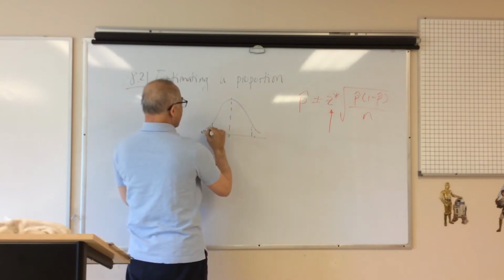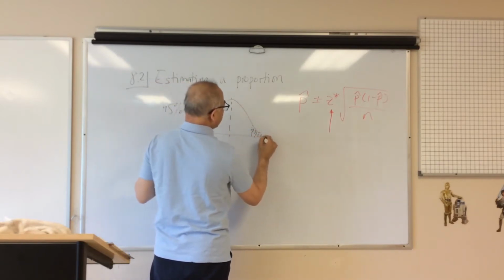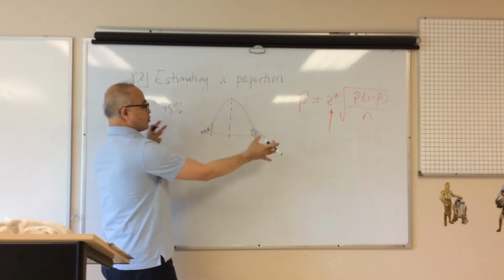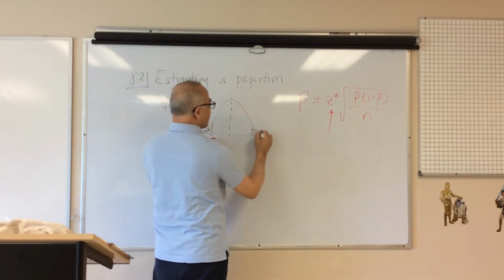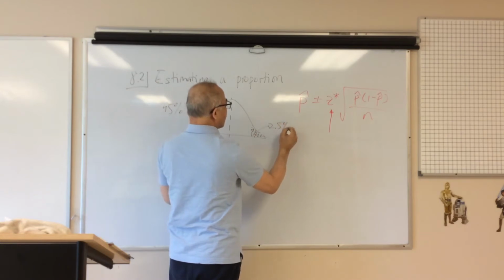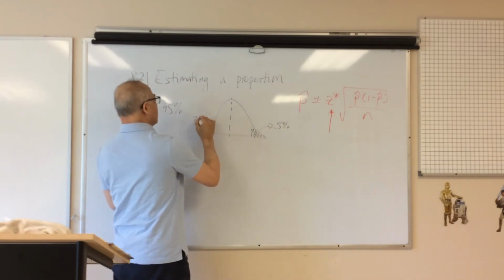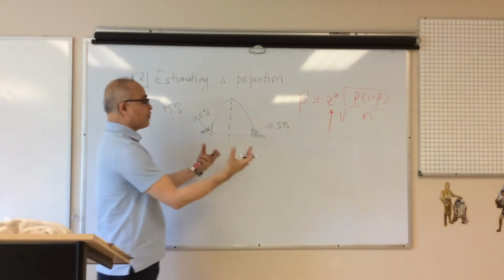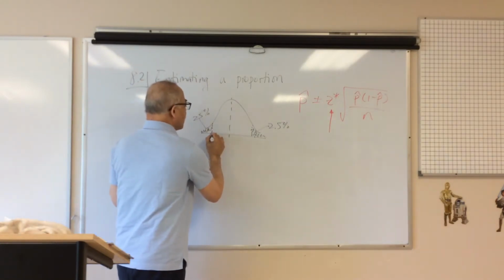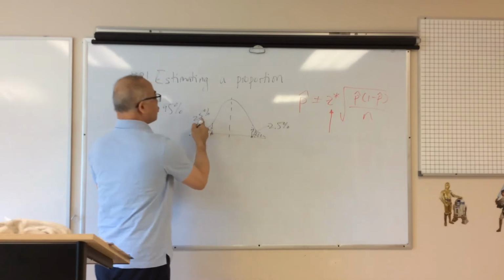It is two-tailed, so for the middle to be 95%, each of the tails has to be 2.5%. So you would want to find the z-score that gives me 2.5%.